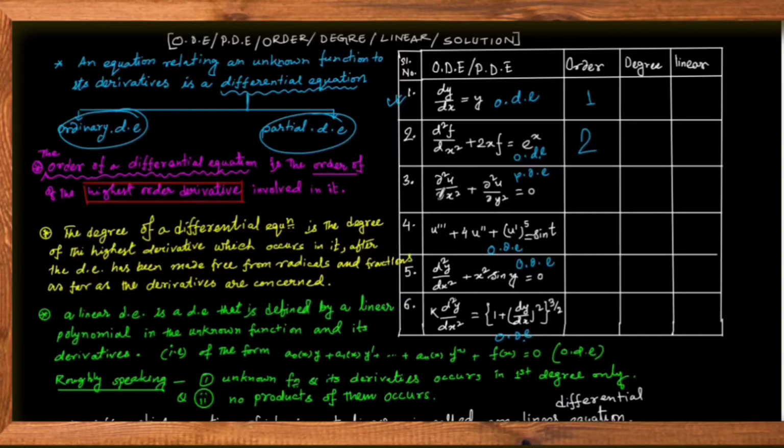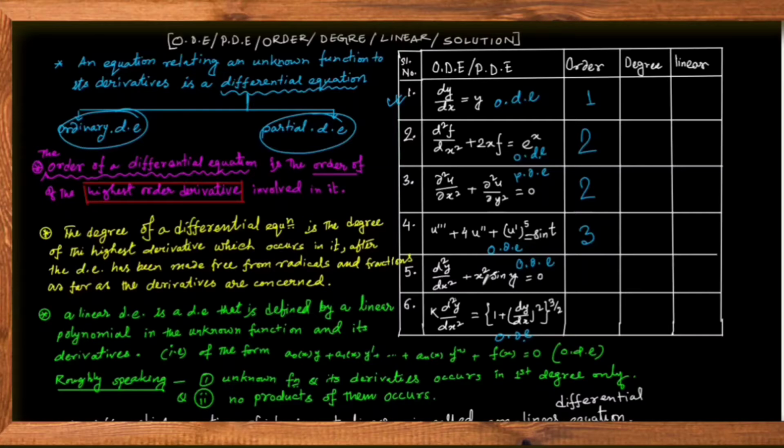Third one, it's a partial differential equation, and here ∂²u/∂x² and ∂²u/∂y², both are of order 2. So its order is 2. For the fourth one, u''', that means third order derivative of u is involved in this example. So the order of this equation is 3.